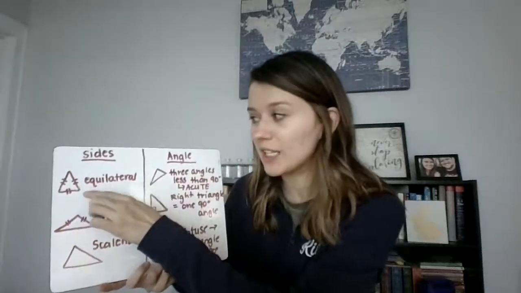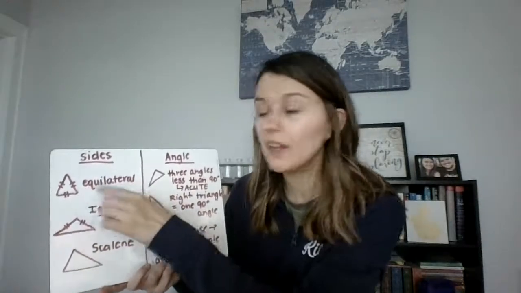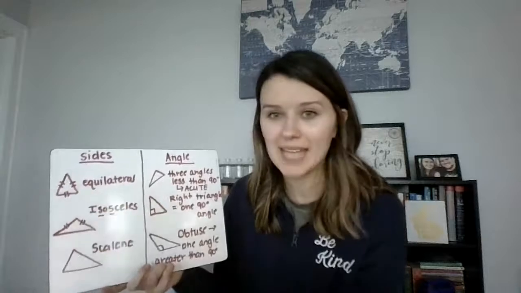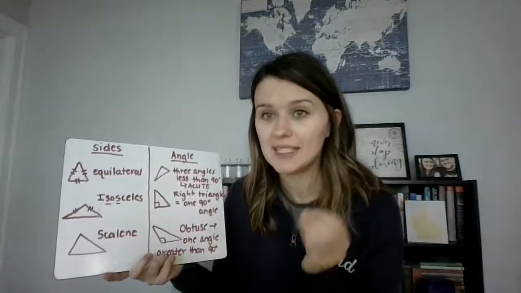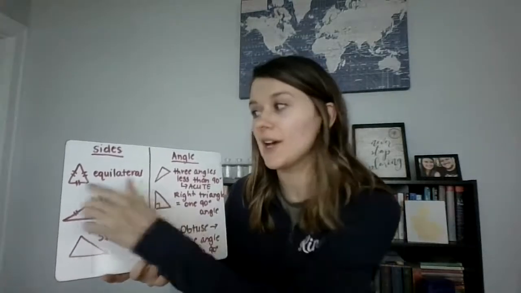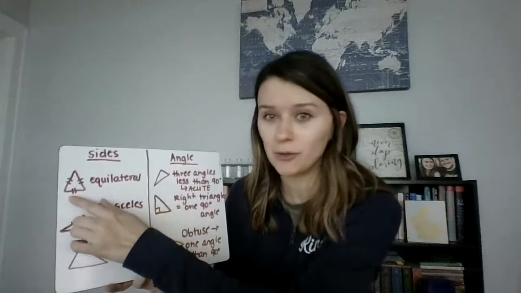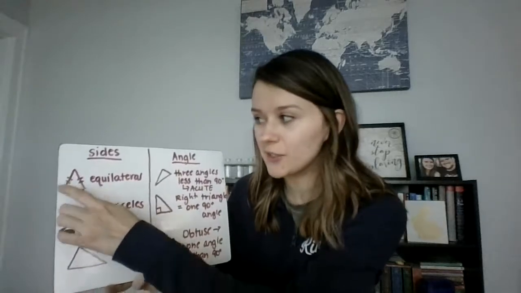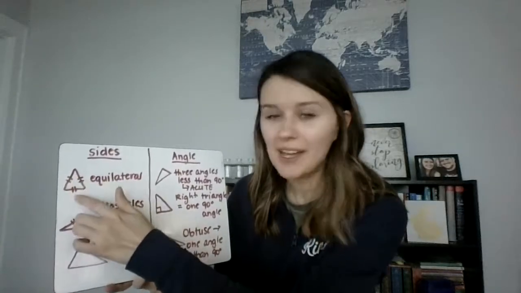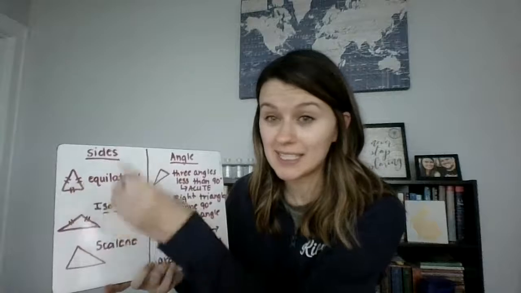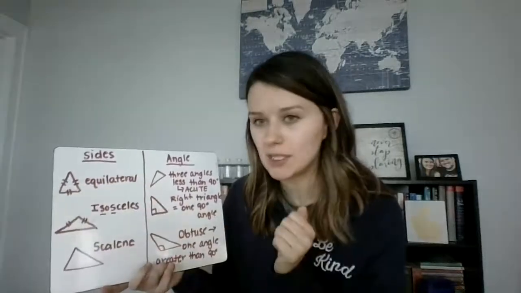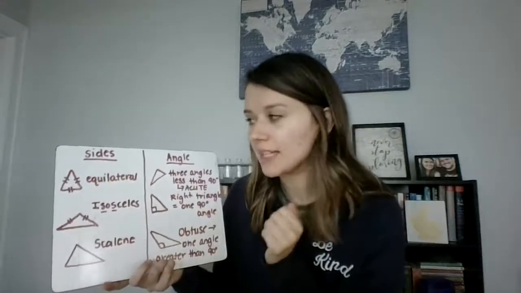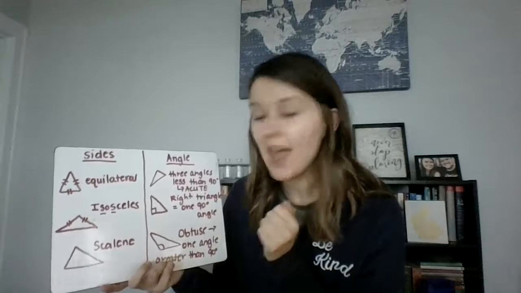So when you hear equilateral, equal, it has three equal sides, or three sides that have the same exact length. So you could pretend that this triangle right here, which I've used these lines to show that each of these sides is the same length. Each of these might be 3 inches long. Okay, that's what equilateral means.